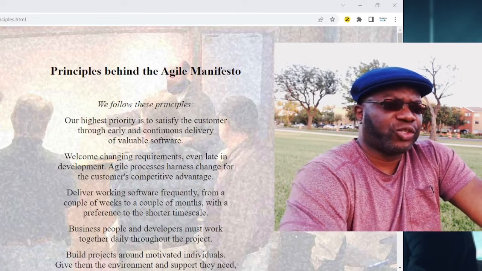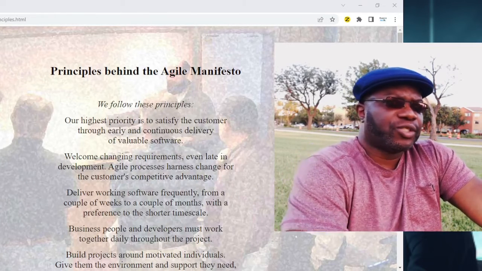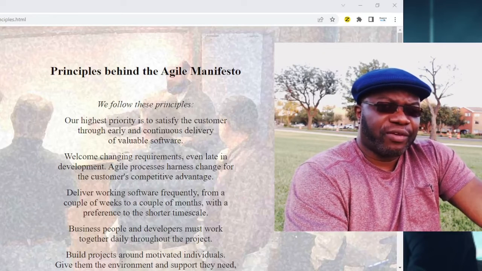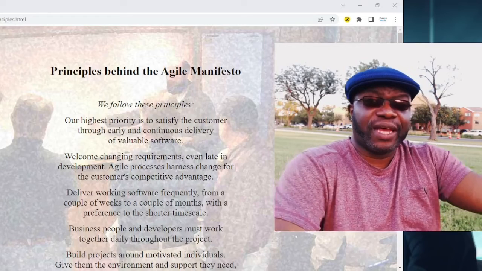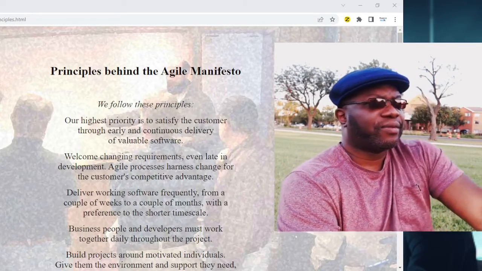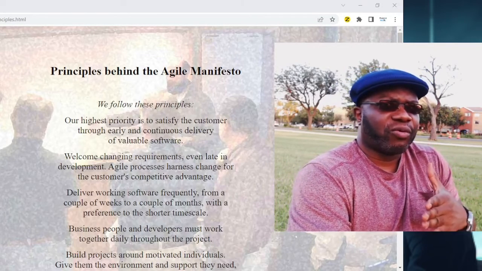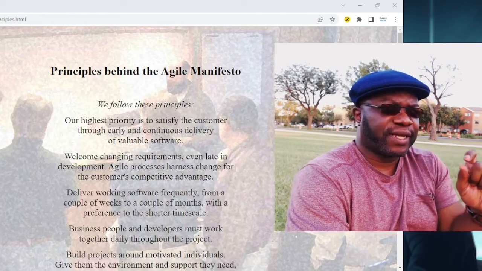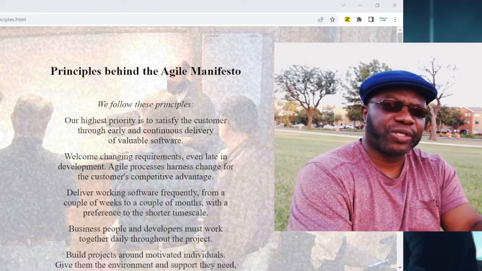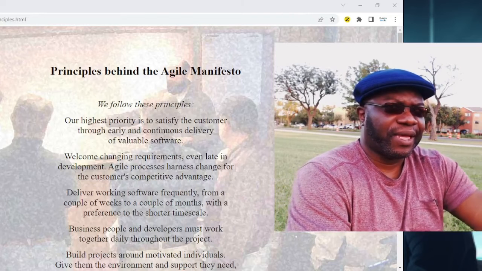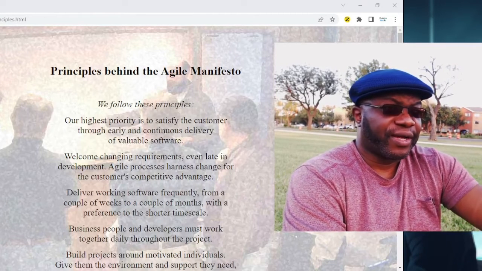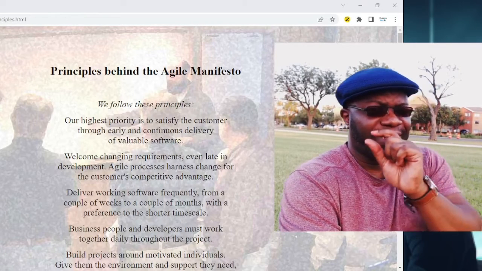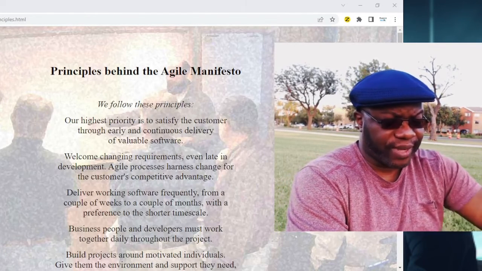In predictive, our major focus is not to deliver early and continuously, it's to deliver one time. But in the world of Agile, we want to deliver whatever we're delivering in tiny little chunks and increments as quickly as possible so that our customer can begin to reap the benefits, the harvest of us giving whatever value we are in tiny increments, in small increments.